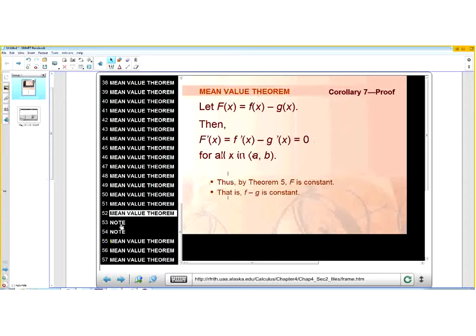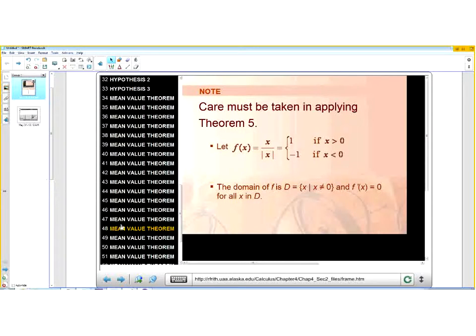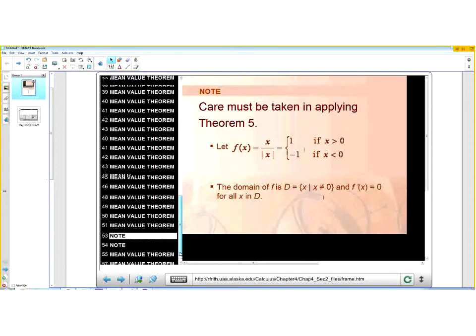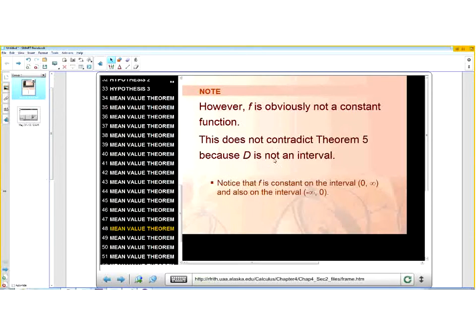So there's a note here. For instance, suppose we have f of x as a piecewise defined function. The domain of the function is x such that x can't be 0, and f prime of x is equal to 0 for all x in the domain. What's the conclusion? f is not a constant function.